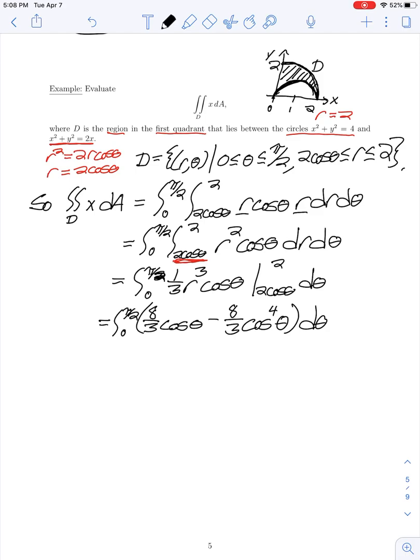So here we can factor out an 8/3 from each term, and let's see what we have.